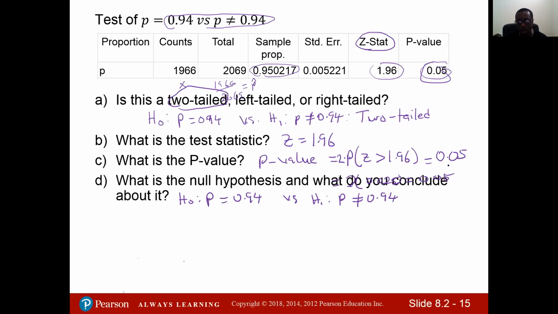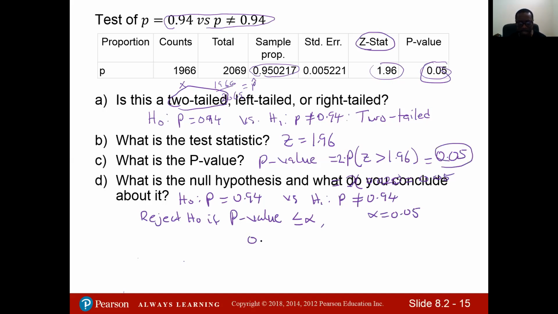Now we use the p-value to decide. We say reject H0 if the p-value is less than or equal to alpha. According to this question, our alpha is 0.05, and our p-value is also 0.05.